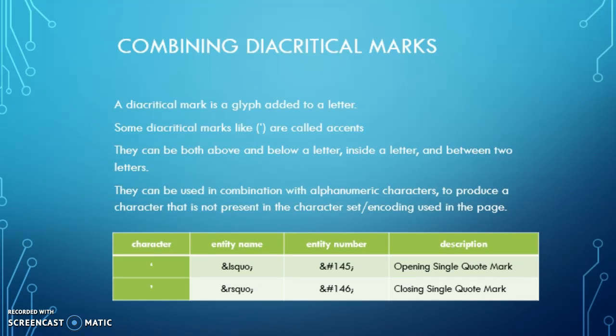They can be used in combination with alphanumeric characters to produce a character that is not present in the character set or encoding used in the page. Below, we have an index showing you what the entity name and entity numbers are, and you can use either one of those again in brackets.